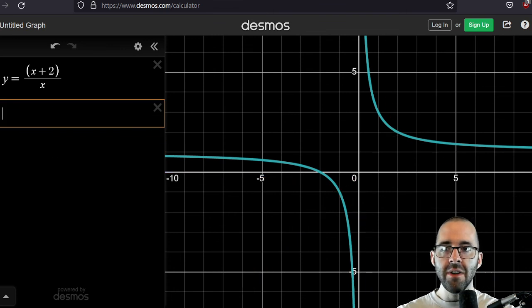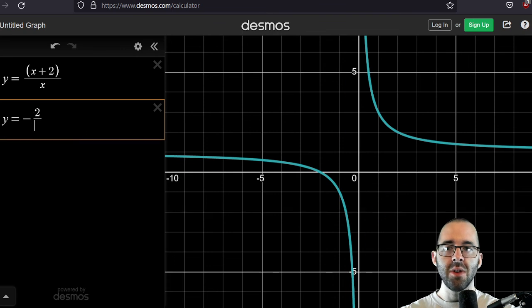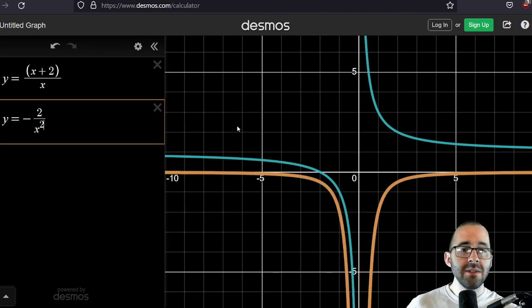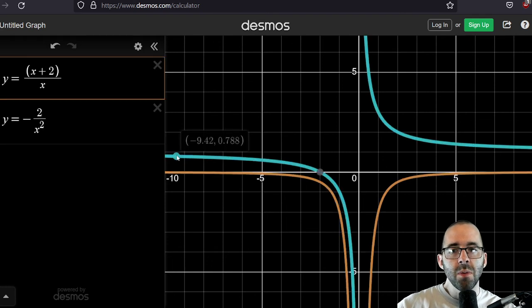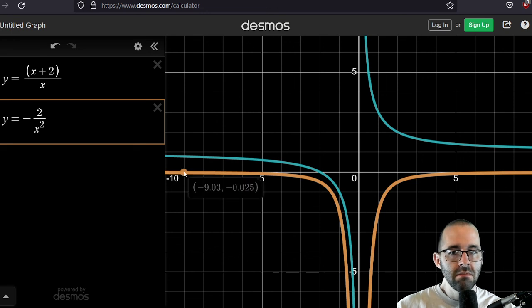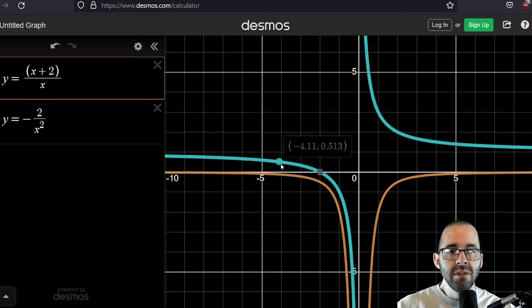Now let's graph our function and the derivative that we found, negative 2 over x squared. Now is this orange graph the derivative? Look at the slope. The slope is a small negative number here. The slope function, the output here, is a small negative number, negative 0.025. Slope is negative everywhere. Oh, slope is a big negative number now.